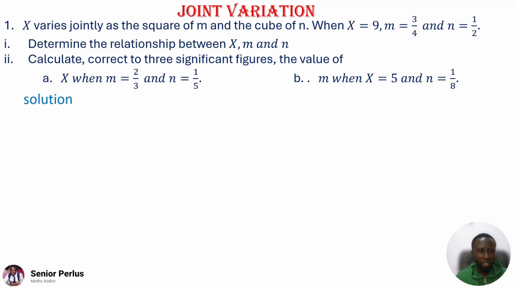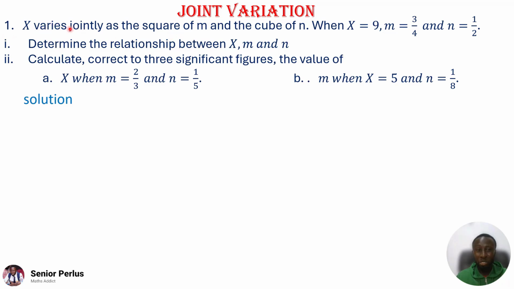Now, from the question, S varies jointly as the square of M and the cube of N. So this is a combination of what? Yes, they are all direct.